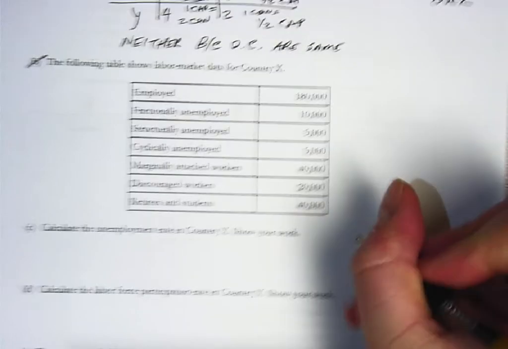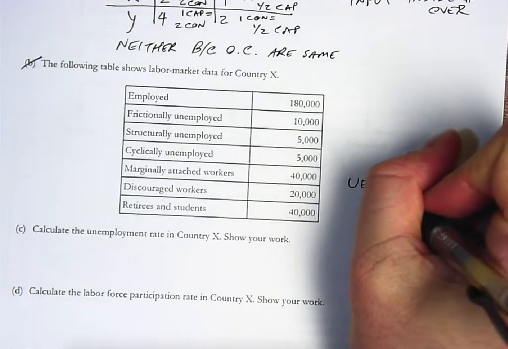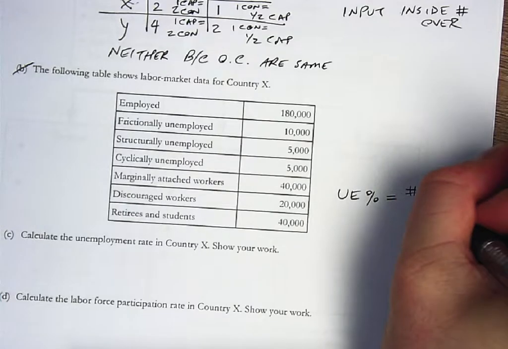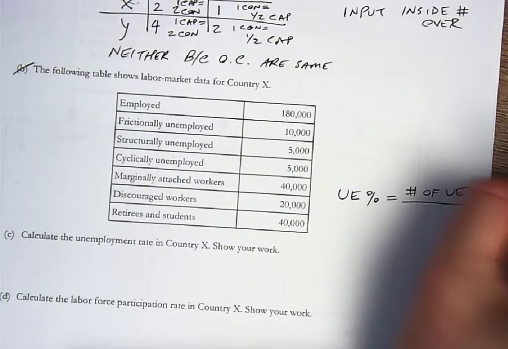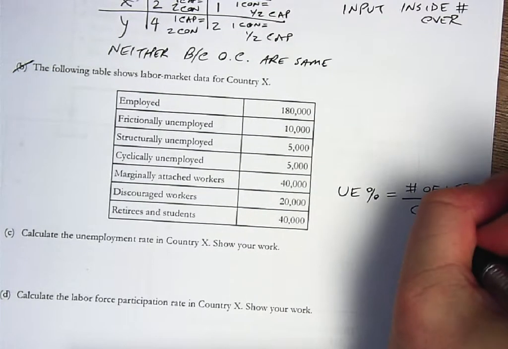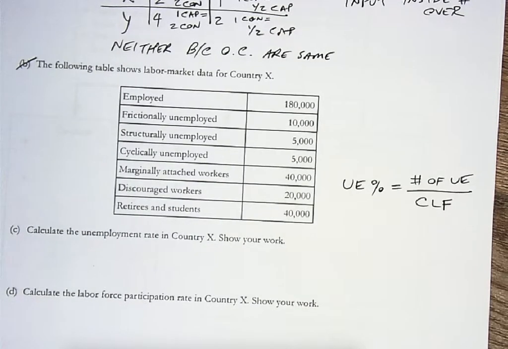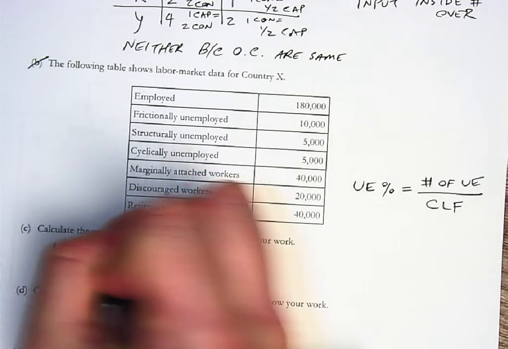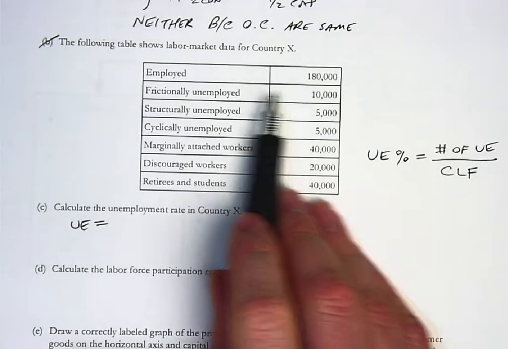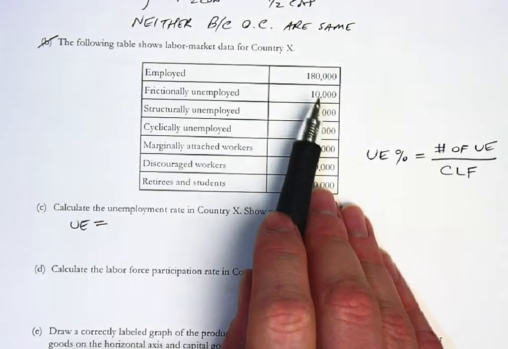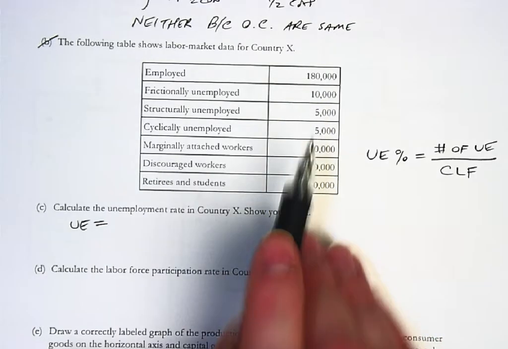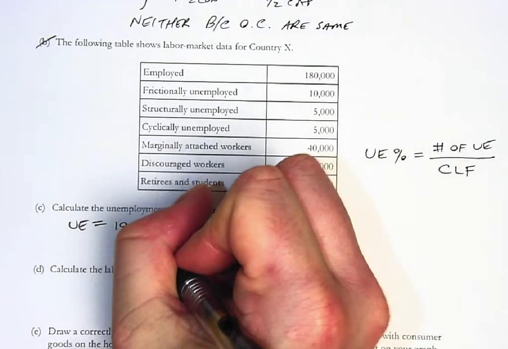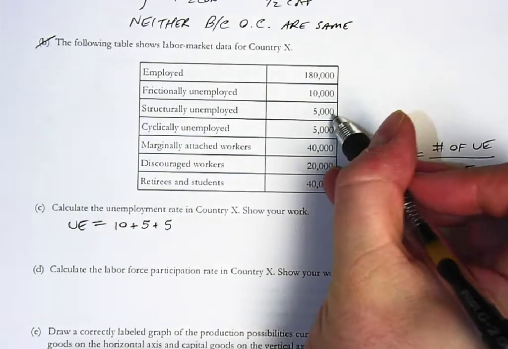In order to do that, you have to know that the unemployment rate is a percentage, and it's given as the number of unemployed people divided by the civilian labor force. So we have to figure out the number of unemployed people first. So UE is going to be equal to, let's see, these people are employed, these people are unemployed, these are unemployed, these are unemployed. So it's going to be 10 plus 5 plus 5, and that's these 3 groups.